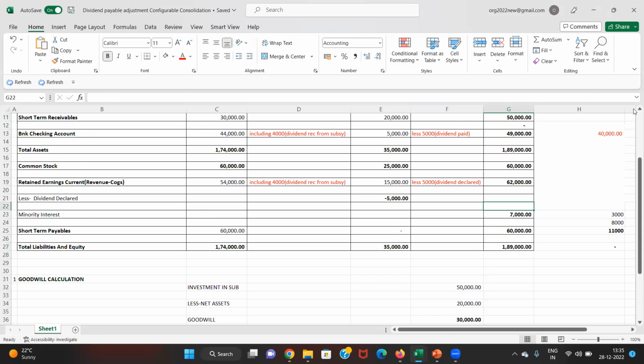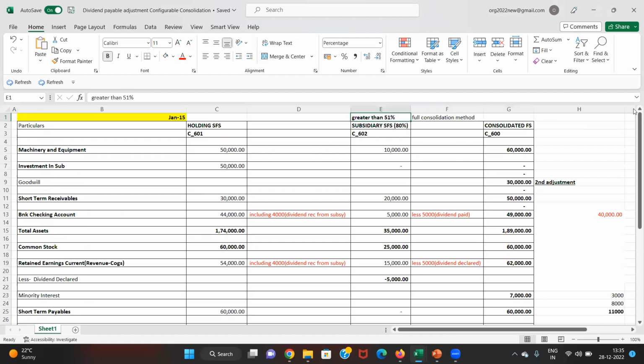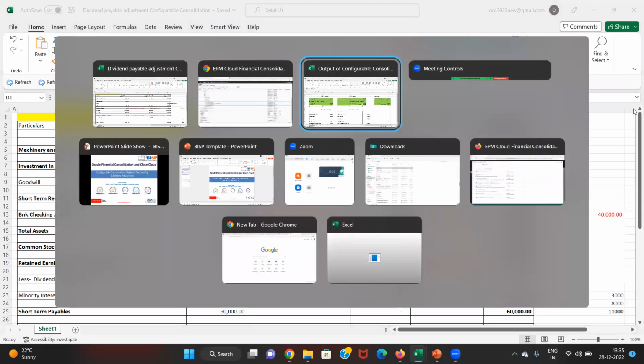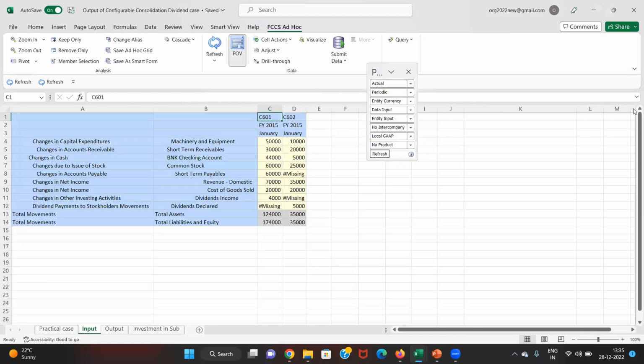So this should be the ideal scenario when we run the consolidation in our application in the case of dividend declaration and payment by the subsidiary. So for this, we have created the smart view already and input the data as per our use case.